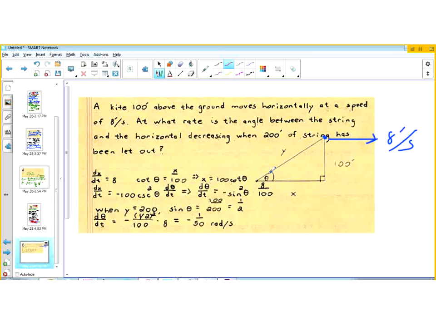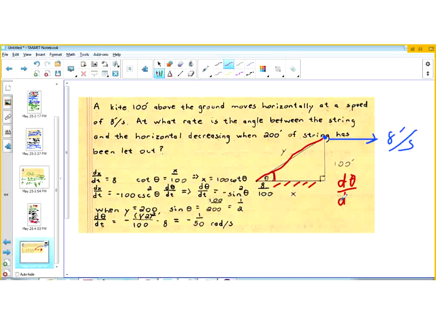So here we have the kite is obviously tethered to the ground or some person, okay? And so this is the string right here. And at the moment it's 100 feet above the ground, it forms an angle theta. This is the angle formed between the string and the ground, theta, okay?